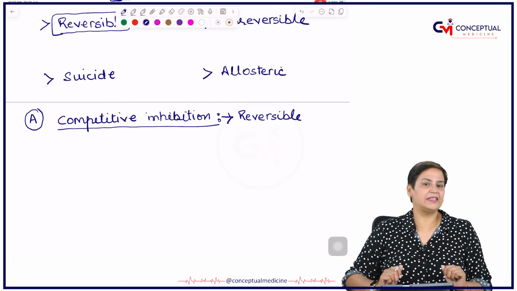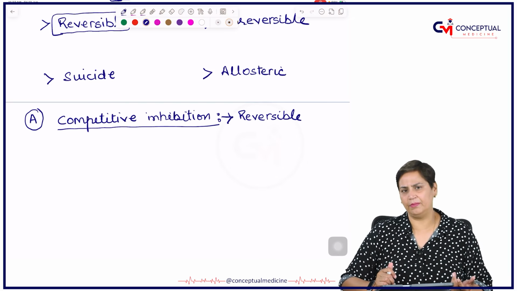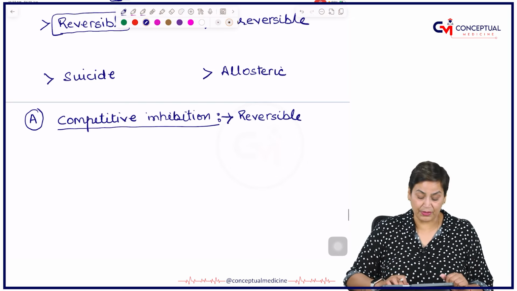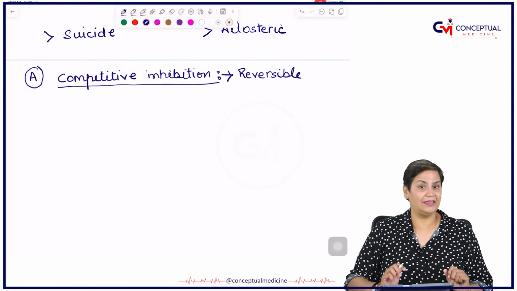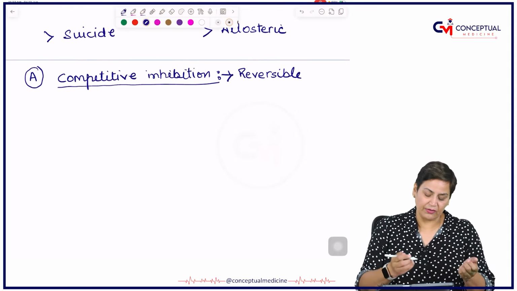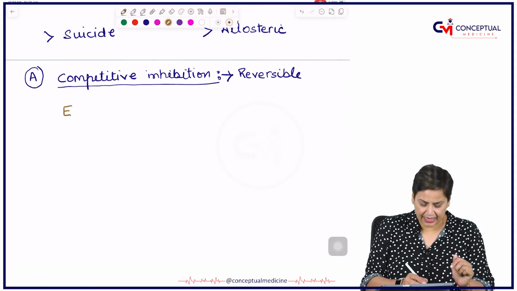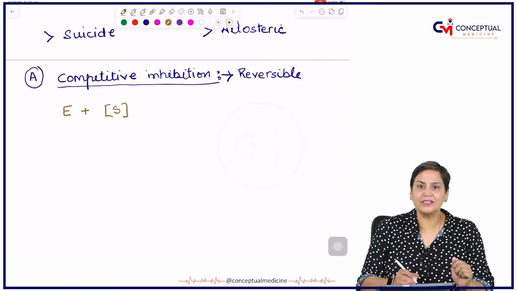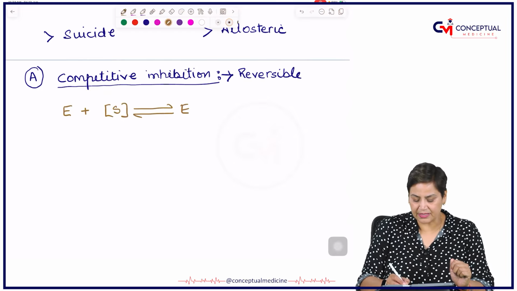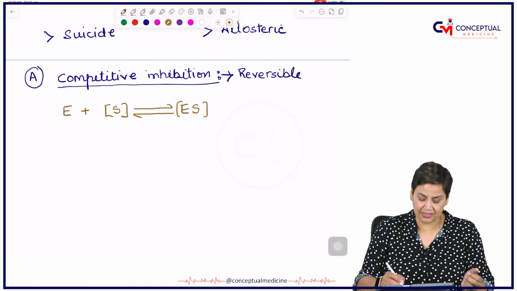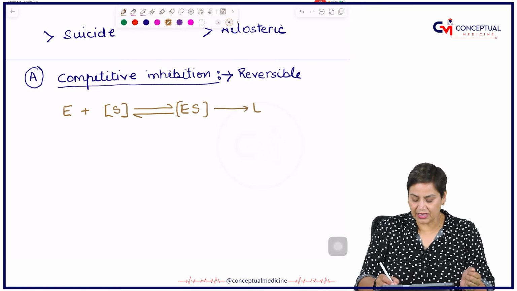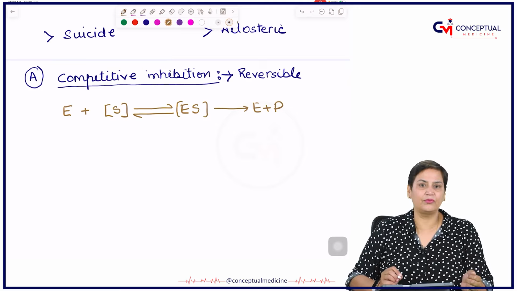Now see, again it is clear from the word itself, there is a competition. Competition between the inhibitor and the substrate. So if we have to write the equation, it's very clear. This is the enzyme. In normal conditions, it is going to combine with the substrate, forming the enzyme substrate complex as we have discussed, and it will dissociate to form the enzyme and the product.